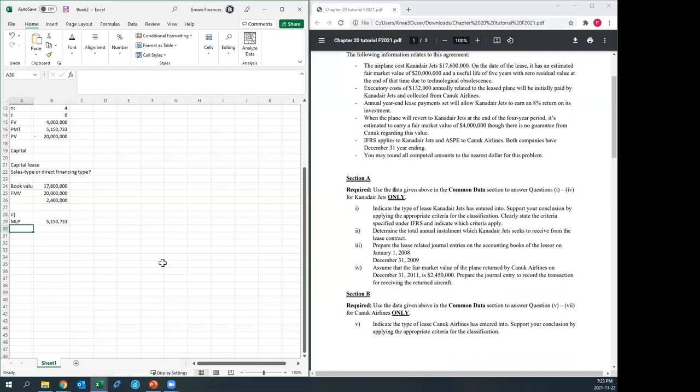So when the lessee, Canuck Airlines, is going to make their payments yearly, they're going to have the minimum lease payments for the lease, and they're also going to pay back the executory costs amount. So they make the payment at the same time for both of them. So that's why we're adding it. So executory costs are $132,000.